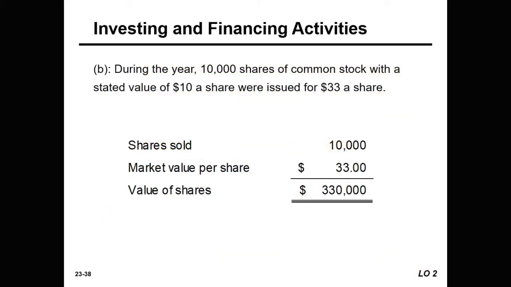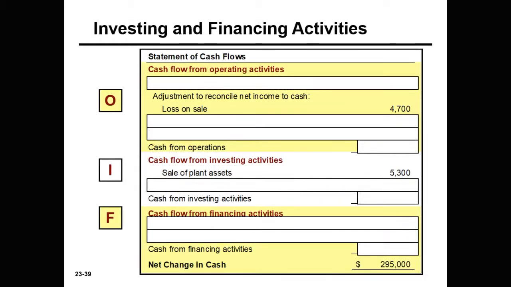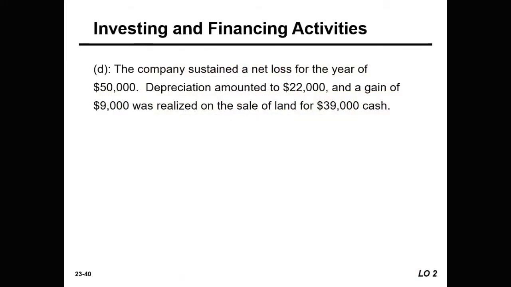During the year, there were 10,000 shares of common stock with a stated value of $10 a share that were issued for $33 per share. Is that an investing activity or a financing activity? That's a financing activity. We sold $330,000 worth of common stock.